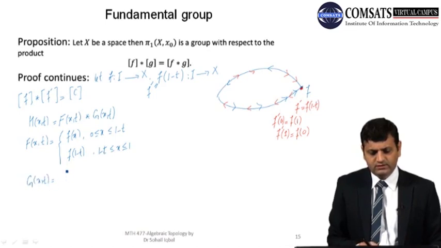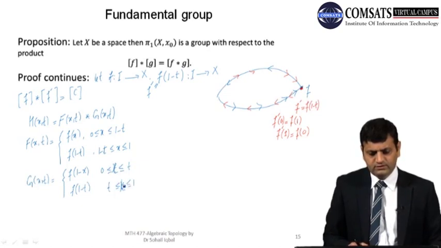G of x, t is equal to f of 1 minus x when x varies from 0 to t, and this is equal to f of 1 minus t when x varies between t and 1.